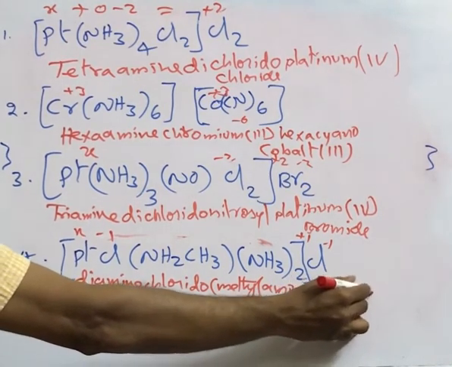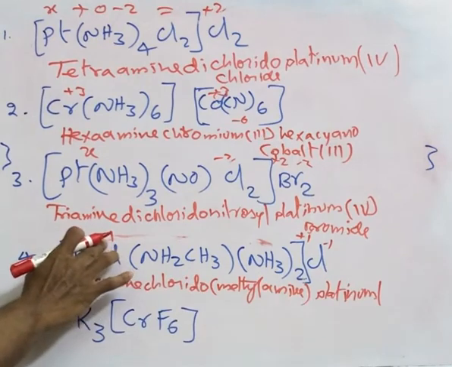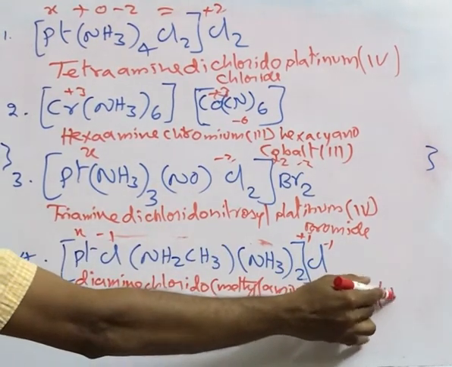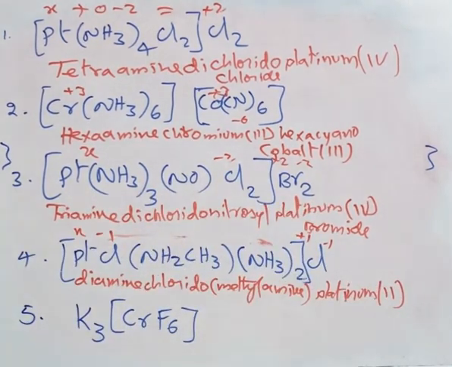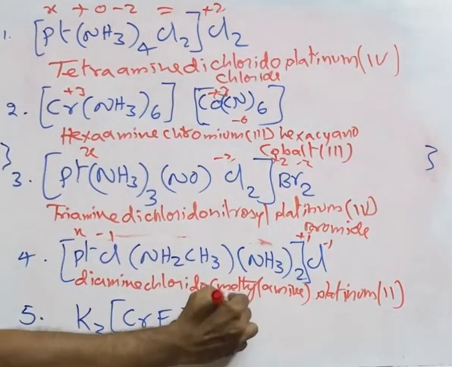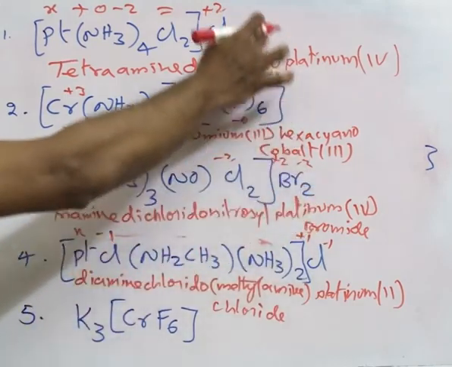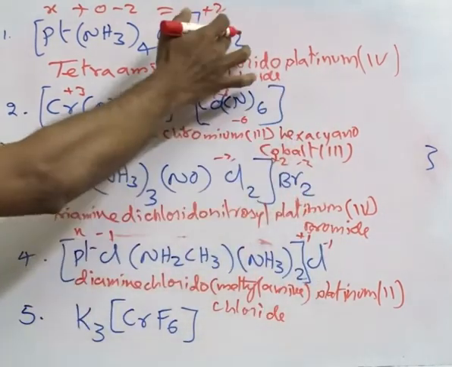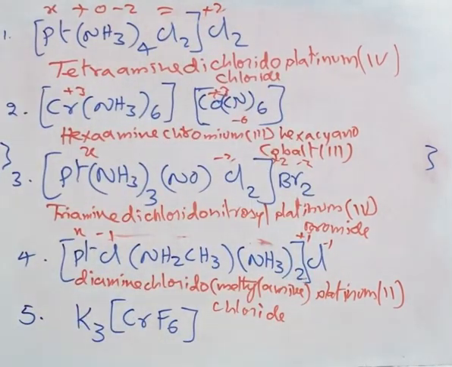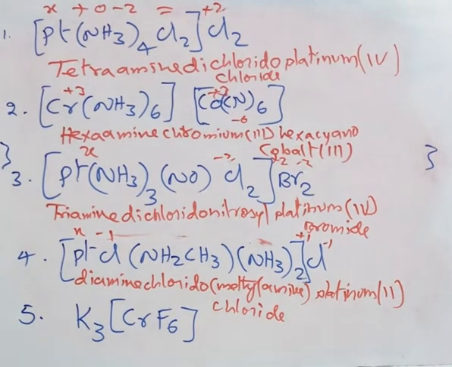Then what is the oxidation state we told? 2. Platinum 2. Then last is the counterion, chloride. Whether counterions are 2 or 1, the name will come only as bromide, chloride. That's all. So this is diamine, chlorido, methylamine, platinum 2, chloride. This is the name of that particular compound.